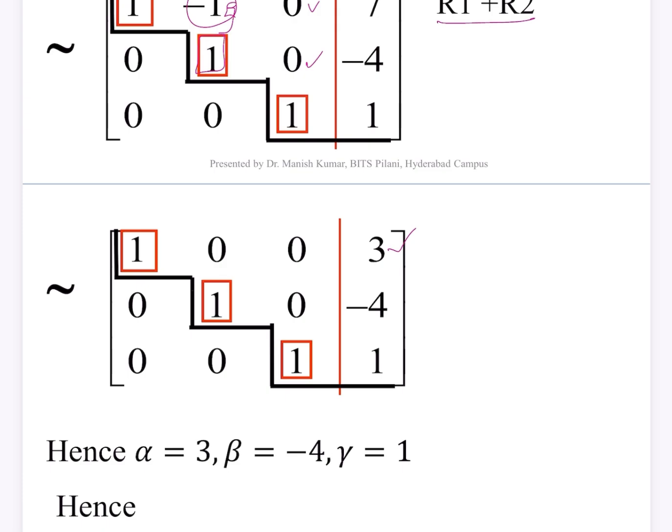The rank of this matrix A is equal to 3. The number of unknowns alpha, beta, gamma is 3, right? Three variables.